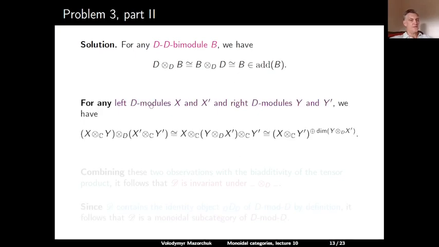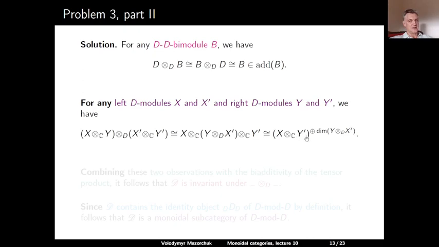Further, if we have two left D modules X and X prime, and two right D modules Y and Y prime, then tensoring over D the bimodule X tensor over C Y with the bimodule X prime tensor over C Y prime, we can of course rearrange the brackets in this tensor product because of the associativity, and then we will get on the left-hand side X, on the right-hand side Y prime, so we will get the bimodule X tensor over C Y prime, with the multiplicity given by this middle vector space, Y tensor over D X prime.